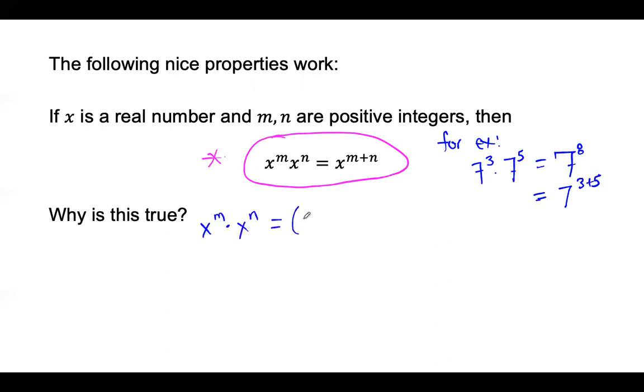That's the equivalent of x times x dot dot dot x. Essentially, there's m terms of these, right? And this is multiplied by x to the power n, which is x times x, and there's n of these terms.